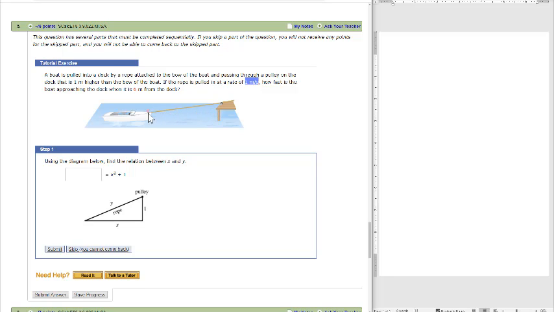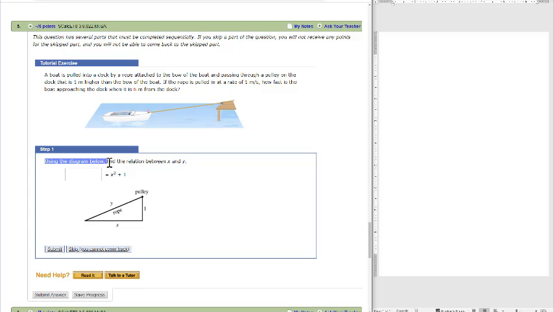So what we have to imagine is a straight line from the bow to the dock. That would be represented by this x. The rope is represented by the value y, and then the 1 meter high compared to the bow of the boat.